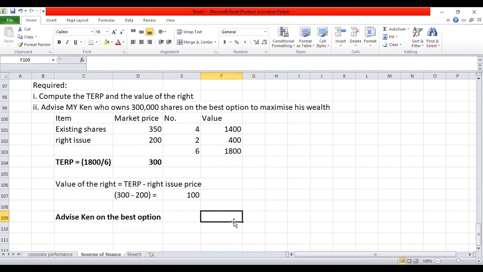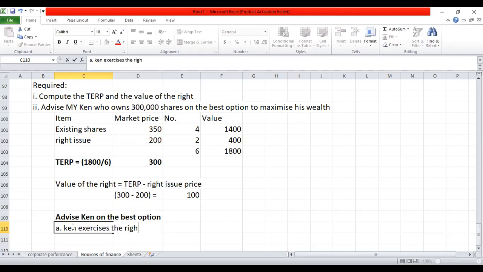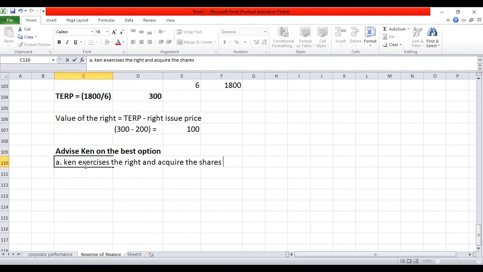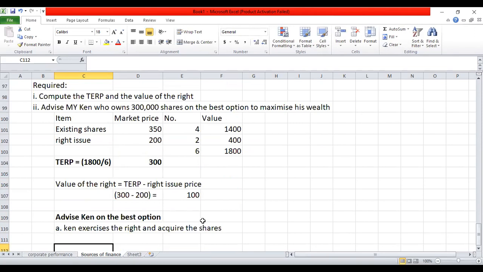That's the most ones. Scenario number 1, Kenny exercises the right and acquire the shares. Suppose Kenny exercises the right and acquire the shares.